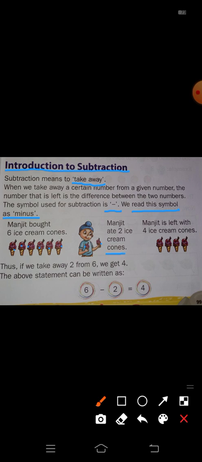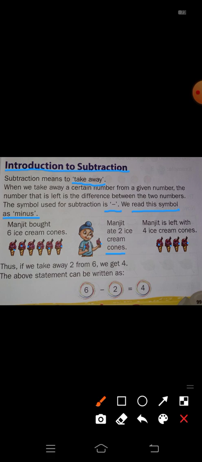Yes. So Manjit is left with 4 ice cream cones. How many ice cream cones are left here now? Only 4. See here, 1, 2, 3, 4. Totally 6 ice creams are there and of those 6, Manjit ate 2. So 4 ice creams are left.